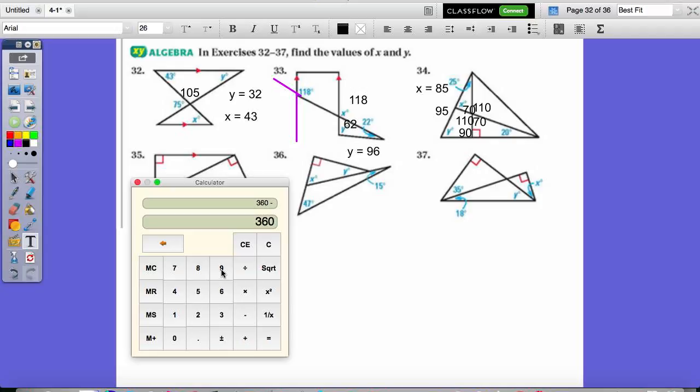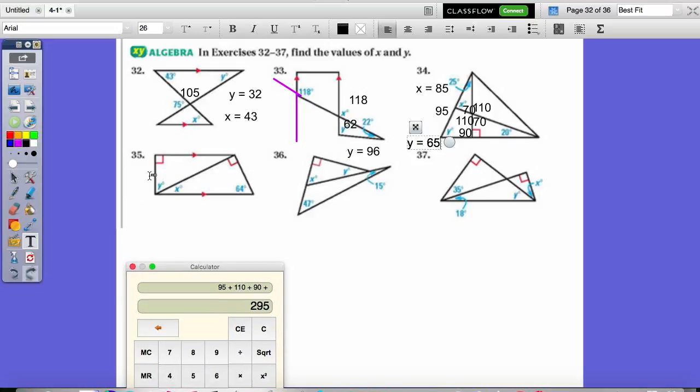So I apologize if there's a better way to do this that I'm not seeing right now, or if you have not learned yet that a quadrilateral adds up to 360, but then I get y is equal to 65. I was talking while I was typing into the calculator, so I'm going to just check my math there. 95 plus 110 plus 90 plus 65 is going to equal 360.